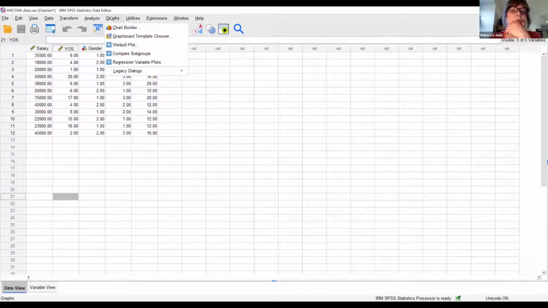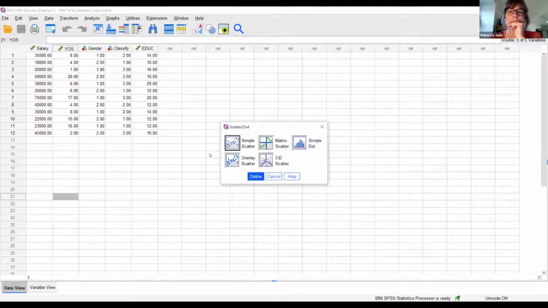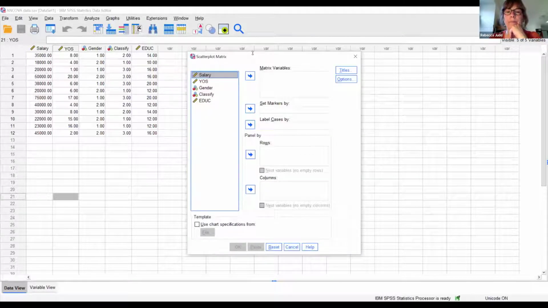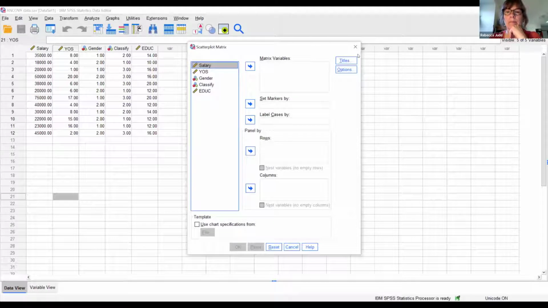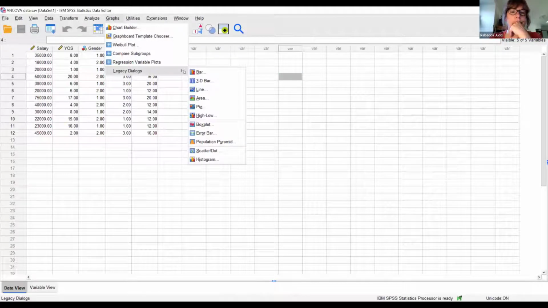If you go to graphs, legacy dialogues, scatter, here you have a matrix scatter. You can click on the matrix scatter and define. Well, let me try something else here. Let's go to graphs, legacy, scatter, simple scatter.